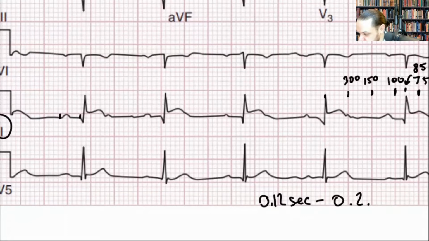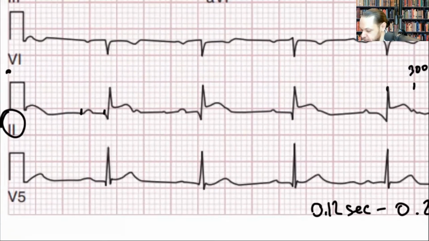So let me see if I can do this. It falls almost within those boxes. This is what you're going to measure, and you want to make sure it's within the box, because if it's longer, then you may have a first degree heart block.